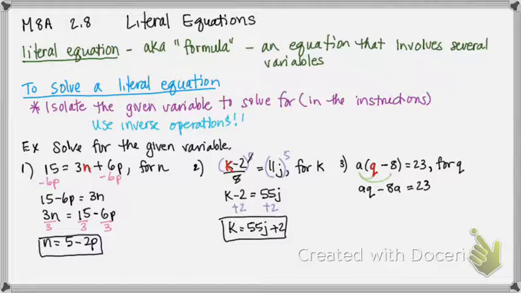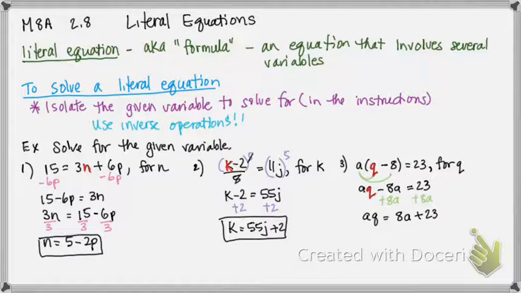Remember, what I'm trying to do is get q alone, so I'm going to highlight it again. We do adding or subtracting first, so the inverse of subtracting 8a is adding 8a. For me, if my variable is a positive one, I like to put the a in front, and have the constant at the end.